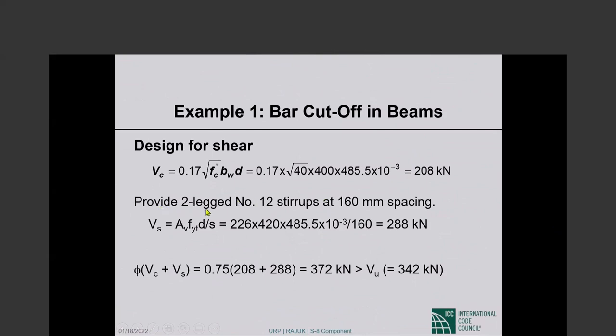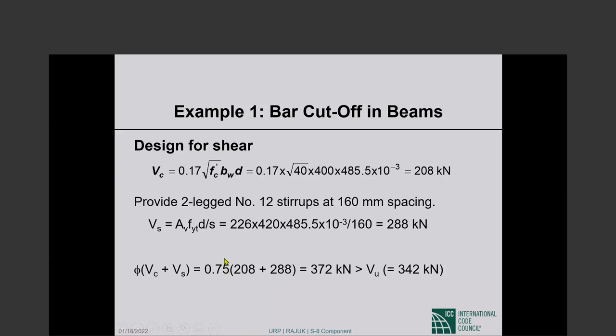We said let us provide 2-legged number 12 stirrups at 160 millimeter spacing. That will give us a V sub s of 288 kilonewtons. So concrete can do 208. The 2-legged number 12 stirrups can do 288.